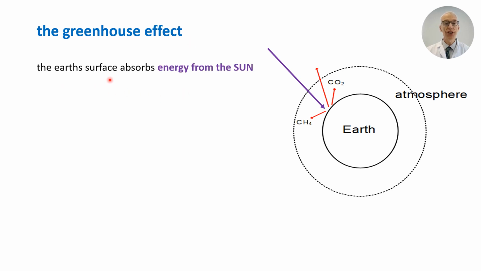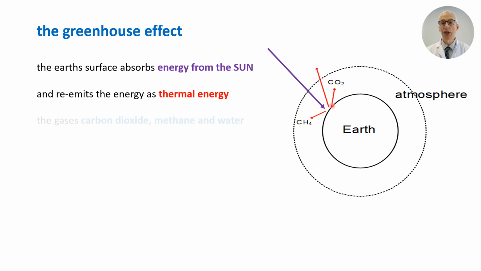So the Earth's surface absorbs energy from the sun. The purple arrow is light and ultraviolet energy from the sun passing through the atmosphere and reaching the Earth's surface. Now the Earth's surface re-emits the energy, the red arrows, as thermal energy, that is heat. Some of that energy is absorbed by greenhouse gases, carbon dioxide and methane.